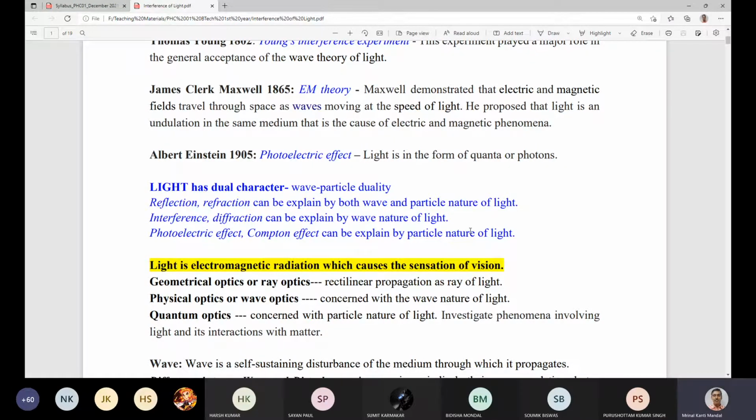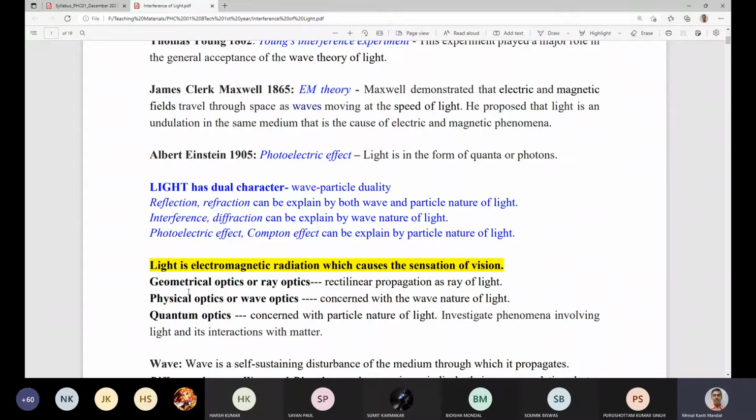Now optics can be divided into three different groups or regions for discussion. Optics is a vast thing. You have already learned geometrical optics or ray optics, right?